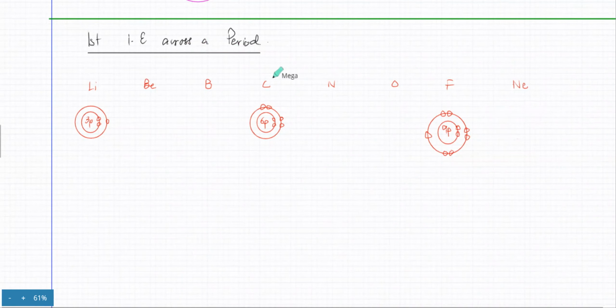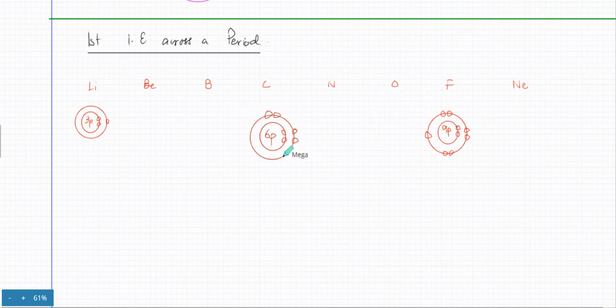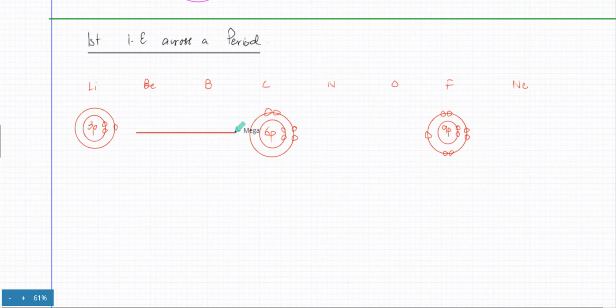So this is the trend as you're moving across the period. I've drawn just a random bunch of atoms in the period, not all of them.